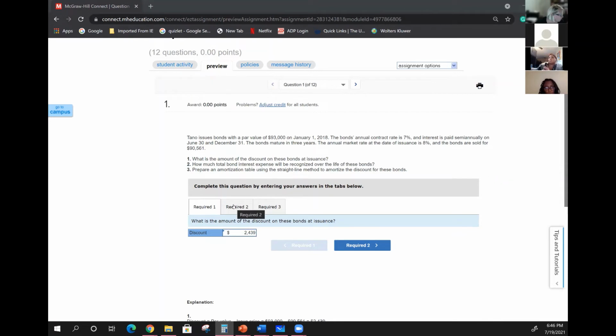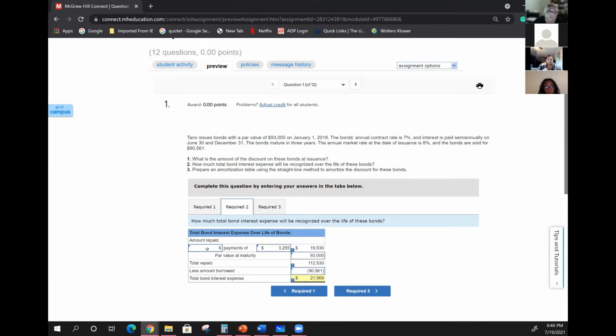How much total bond interest will be recognized over the life of these bonds? Now, keep in mind, we're going to have to calculate that out, because you're going to pay the interest, and when you do the calculation for the payments, you're going to do it on the face value of the bond. So the bond is 93,000 and the interest rate is 7%. So we're going to have 6 payments and it's $3,255 each.